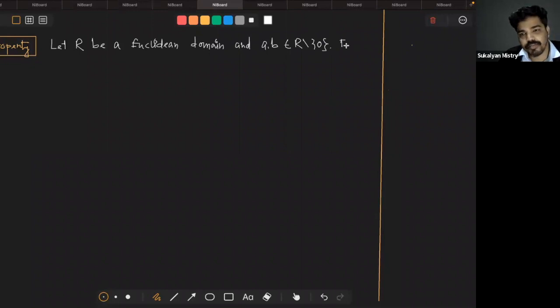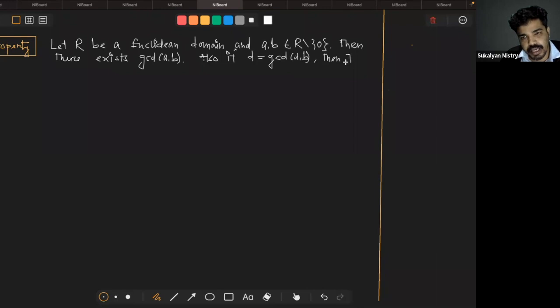Then there exists a GCD of a, b. Also, if d is equal to GCD of a, b, then there exist two elements, suppose x, y belong to R, such that d is equal to ax plus by.